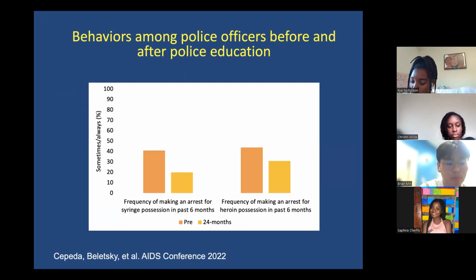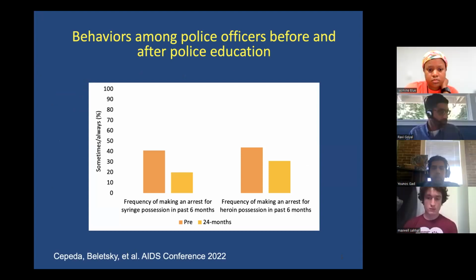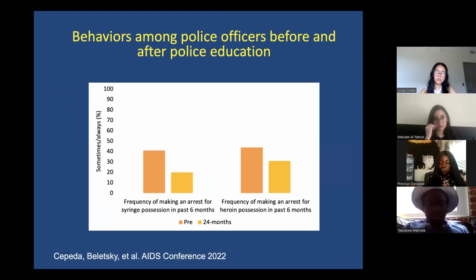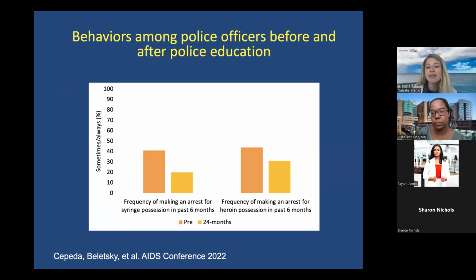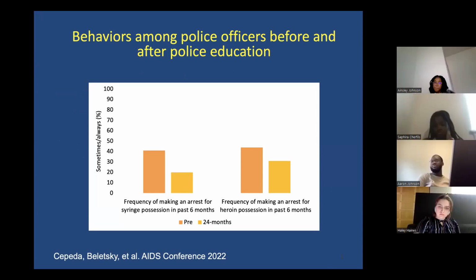So what did they find? Well, this is work done by Javier Cepeda. And what he found was among the police officers, they reported a reduction in arrests for syringe possession and heroin possession. So the orange bars show you the proportion of police officers that said they sometimes or always made an arrest for syringe possession or heroin possession in the past 6 months.